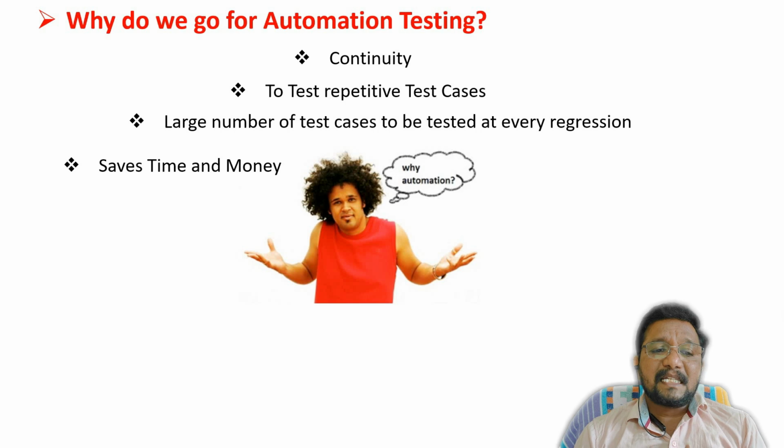automation testing saves time and money. A few minutes back, I told you that with one-time development and one-time testing, if a defect is found at the time of delivery, after completing the development, to fix that we have to work from the beginning.